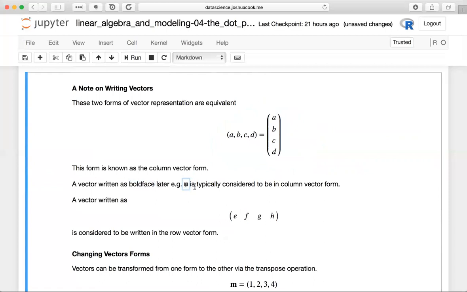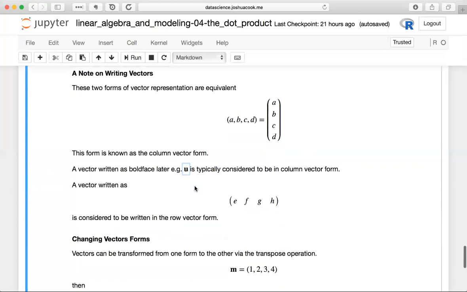So a vector that's written in this fashion, without the commas, we think of as a row vector. And to come back to data science, we often think of column vectors as being a feature, a single variable, and row vectors as being the values of all of the variables for a single measurement, a single instance in whatever we're measuring.